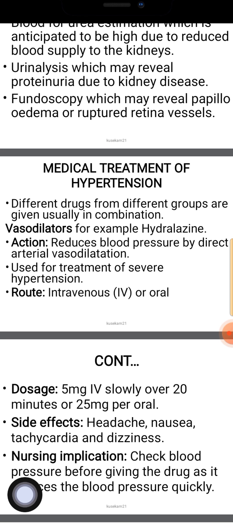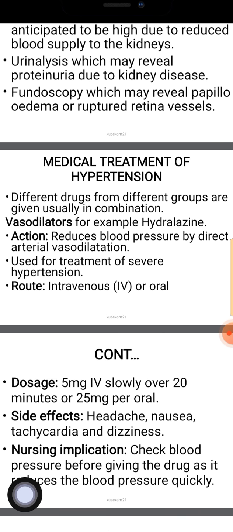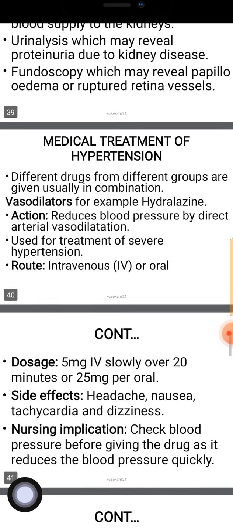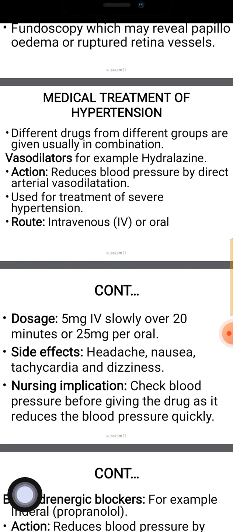Fundoscopy, which may reveal papilledema or ruptured retinal vessels. Then medical treatment. So under medical treatment, you have different types of groups which are given in combination. So we have different drugs from different groups, but they are usually given in combination.